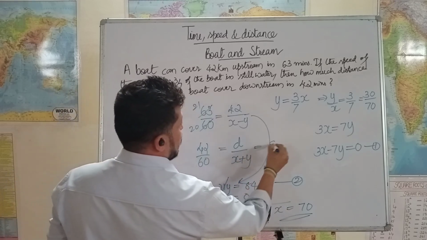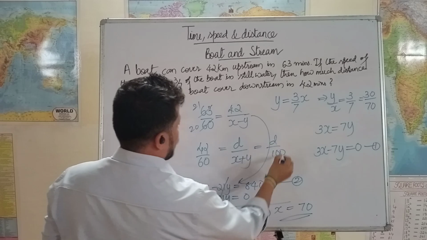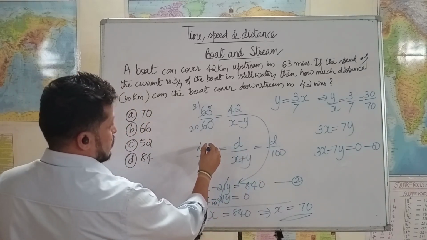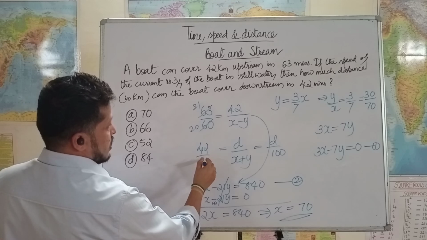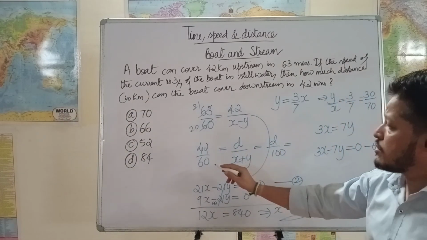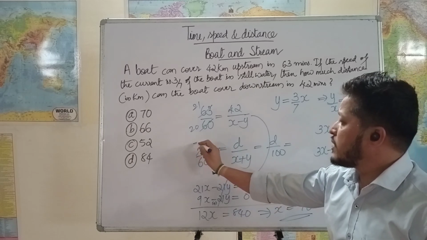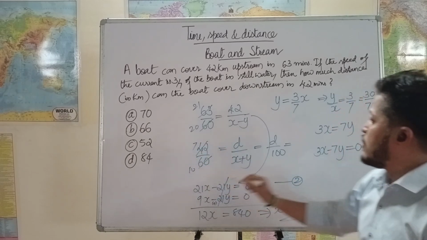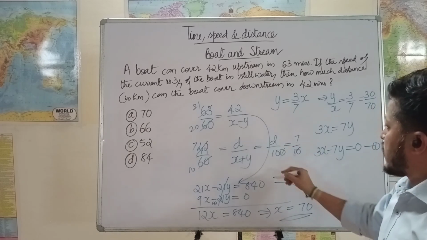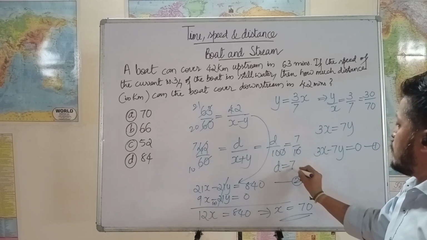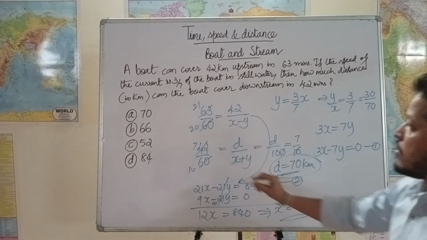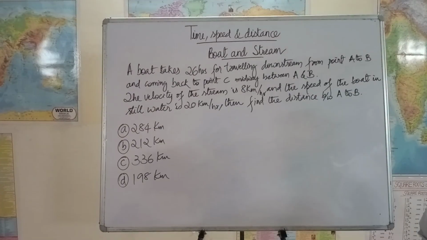So this means d by 100 is equal to 42 by 60. Let's simplify this also. 7 times by 6 and 10 times. 7 by 10, that means the 0s I can cancel here. D is equal to 70 kilometers. This is the right answer.